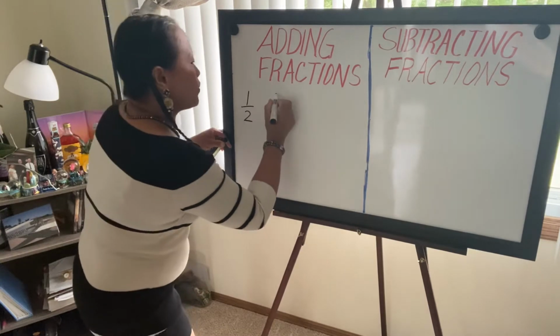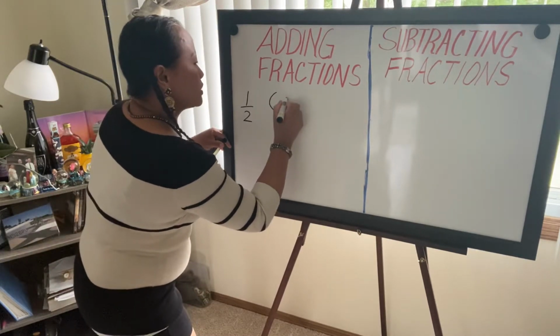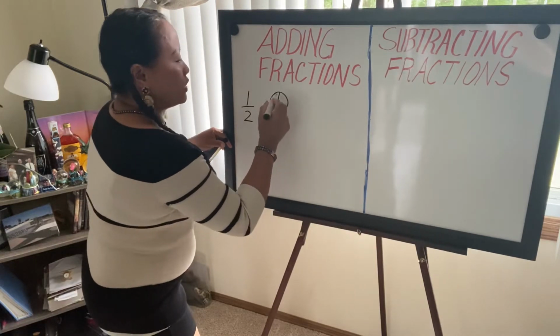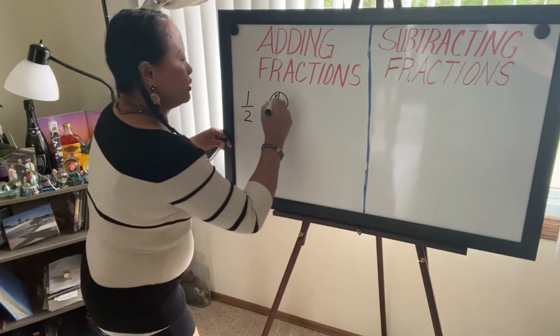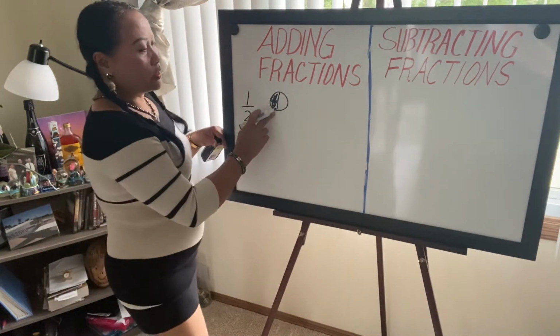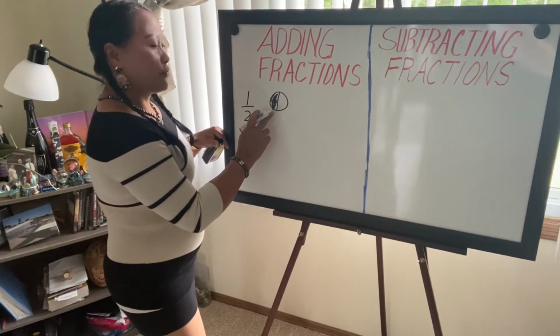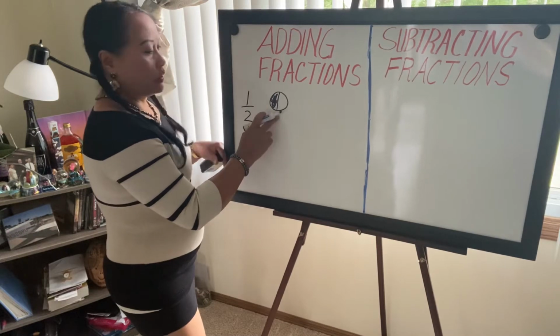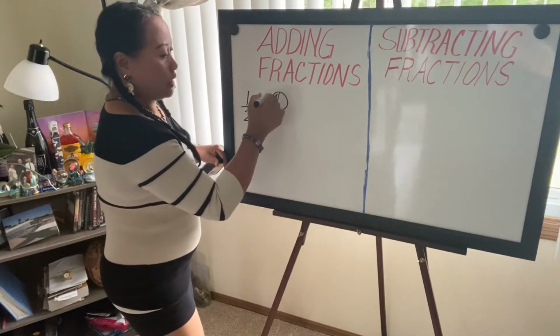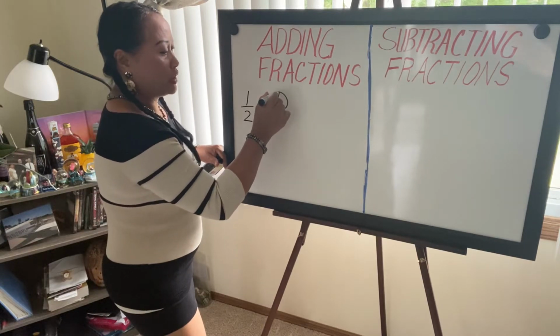So for example, I'll draw a circle here. Then we will shade this. So now this is a fraction. So let's say this is a whole pizza and you will divide it into 2.